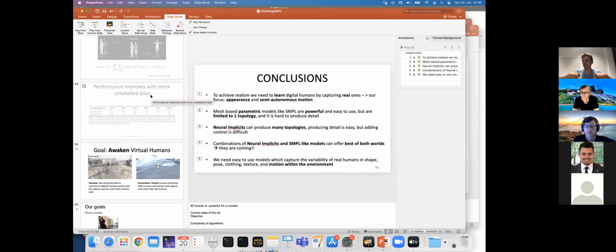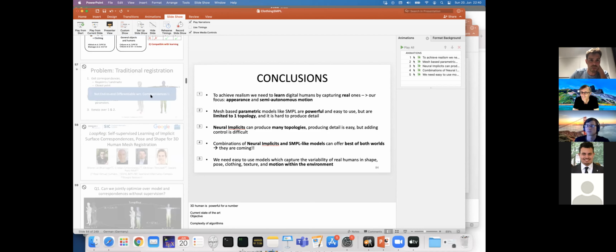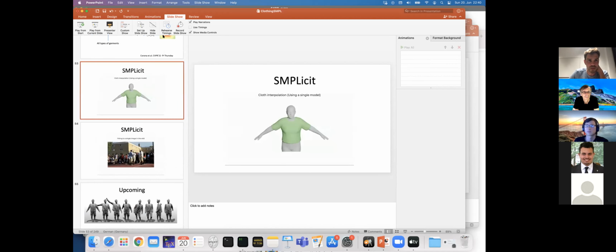Let me start again. If you have a mesh-based representation, you cannot have one mesh that can represent all types of garments. Therefore, you have to resort to building one model per category. If you have an implicit-based representation, you can model many garments in one, right? So let me show you this quickly.